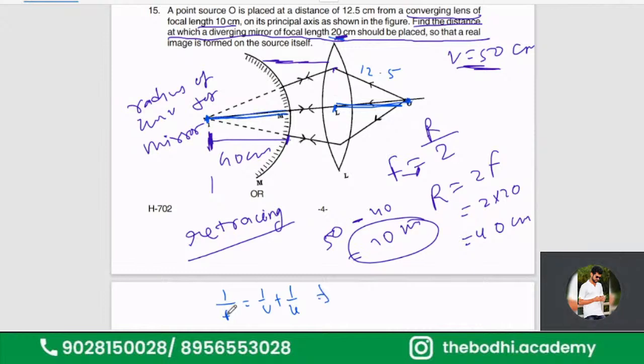Use the logic. We are given f. We have our u, and we have to find out v. Can you tell me? Anyone? Just type it, simple.